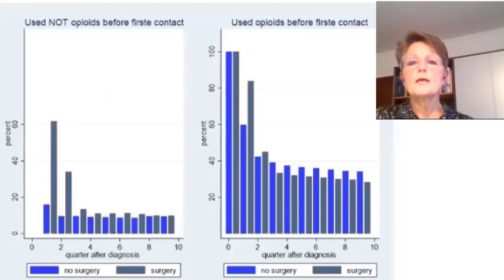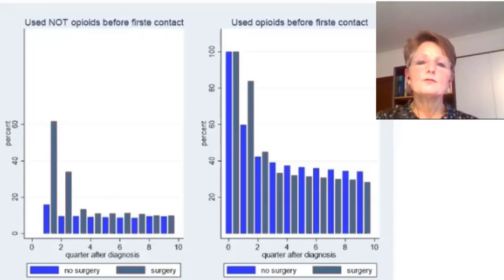We looked at whether patients having surgery changed more or less than patients not having surgery. We know those are different patient groups, but at the same time we are able to focus on whether the use of opioids diminishes over time according to the national clinical guidelines.